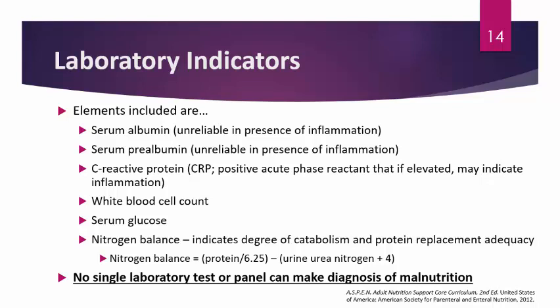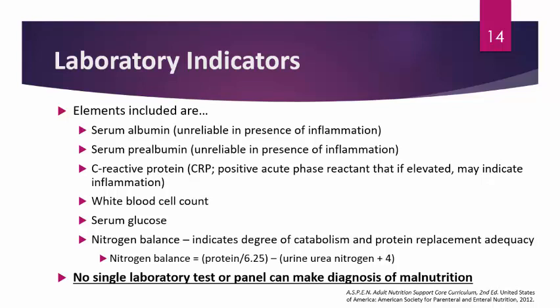As pharmacists, it's always important for us to be aware of different laboratory parameters that may be indicative of poor nutritional status. Some things that we may look at in terms of determining nutritional status include serum albumin, serum prealbumin, and C-reactive protein particularly.